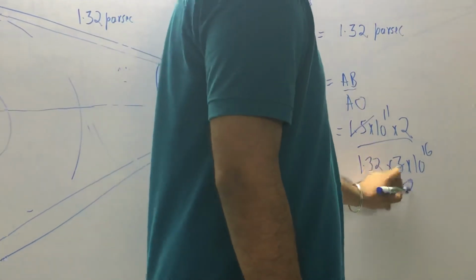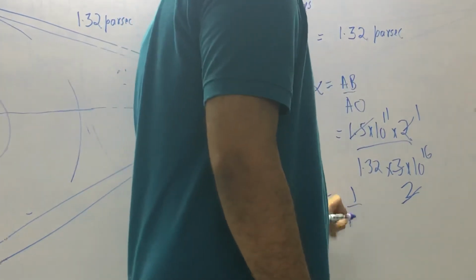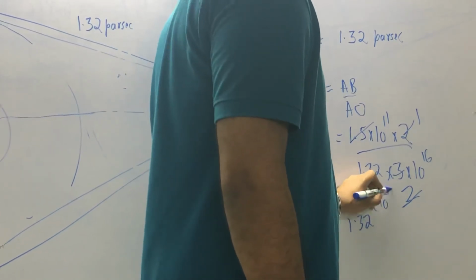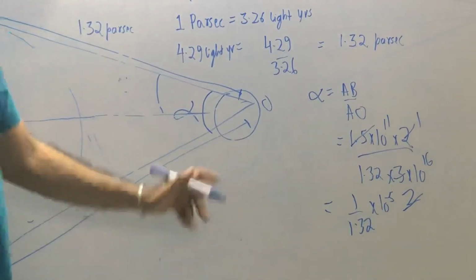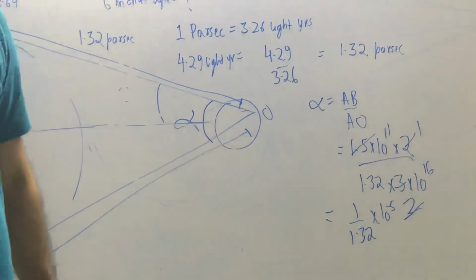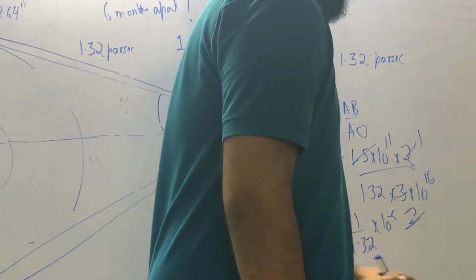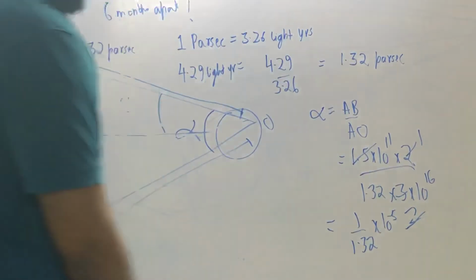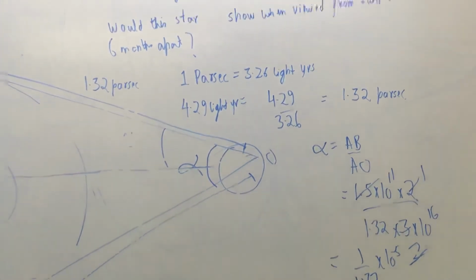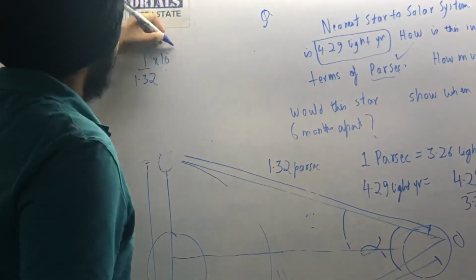So this is 2, this is 1. So 1 upon 1.32 into 10 raised to the power minus 5.